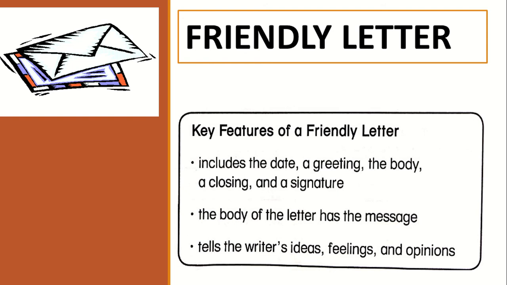Next, the body of the letter has the message, tells the writer's ideas, feelings, and opinions. So don't forget these key features because next week we are going to write a friendly letter.